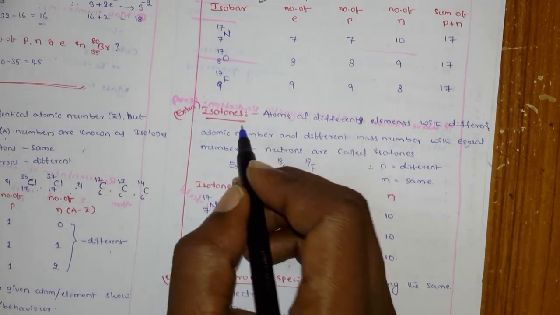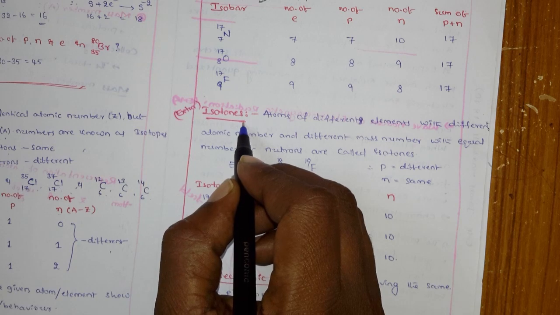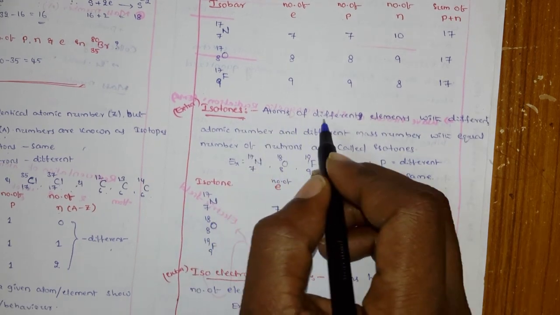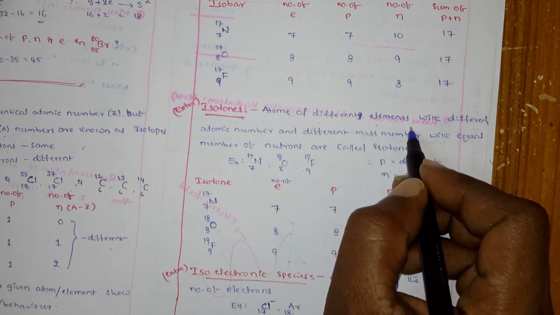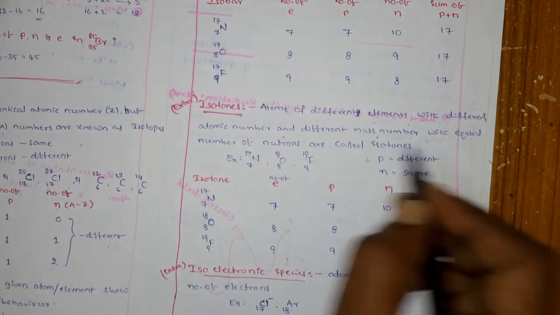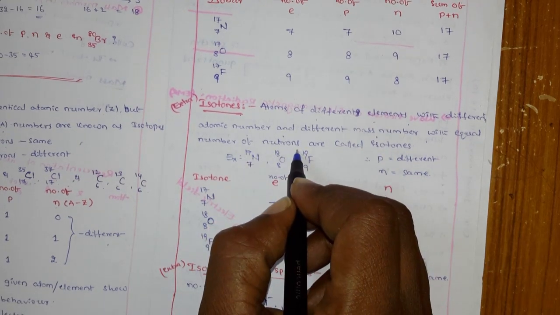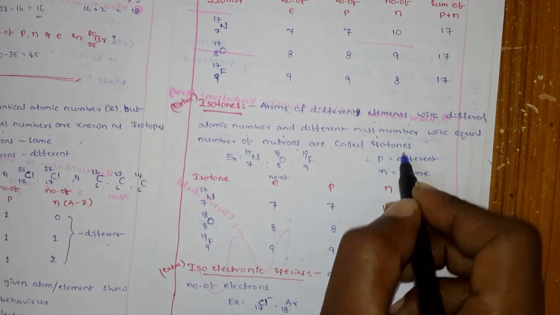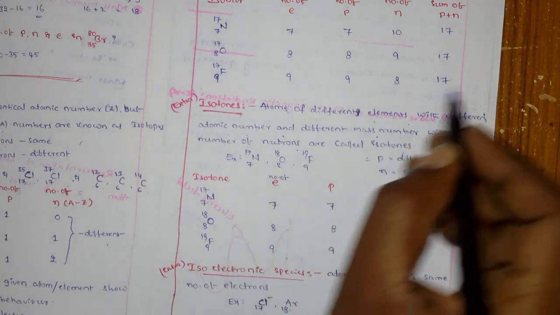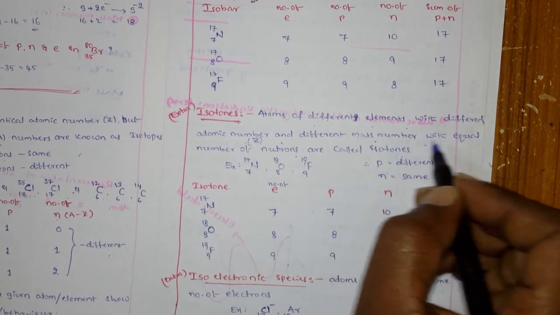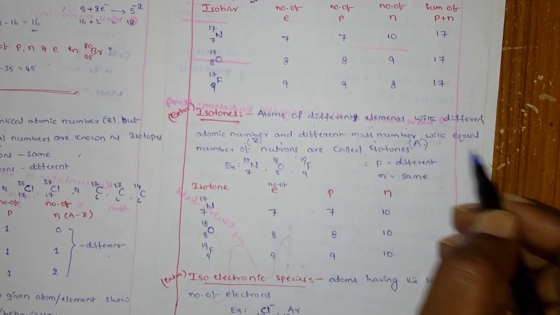Next there are isotones. What are isotones? Atoms of different elements with different atomic number and different mass number, but an equal number of neutrons, are called isotones.